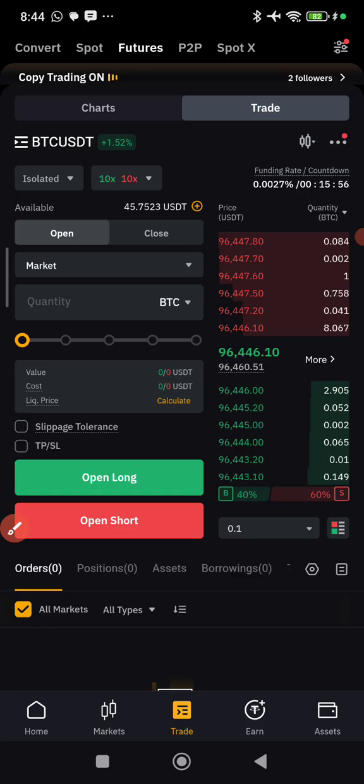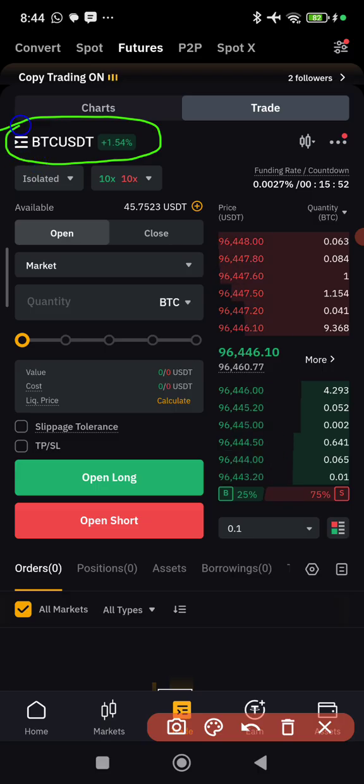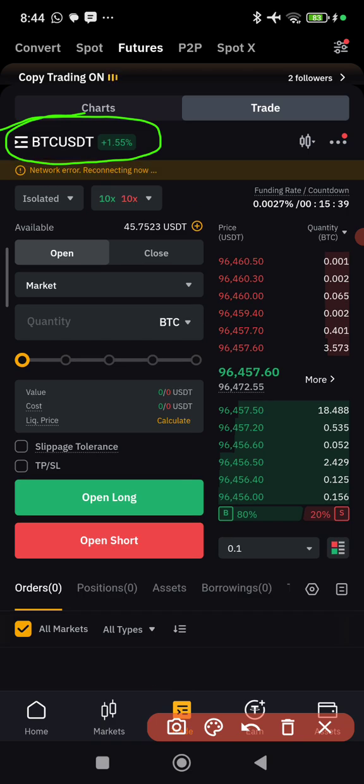What you see on the second line is the currency which you want to trade. Currently the currency is BTC USDT. You can change to any coin that you want to trade. Let's change it by clicking this.